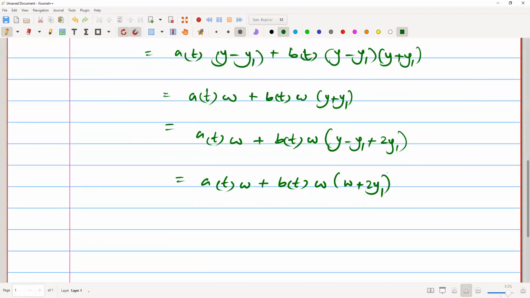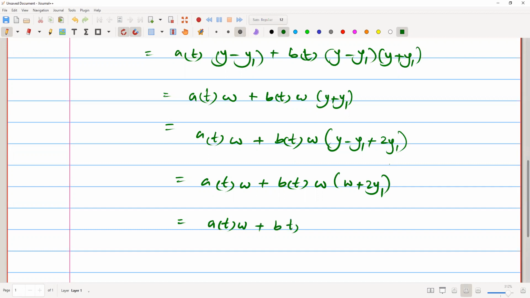Now we know that y1 is actually the solution that is known, right?